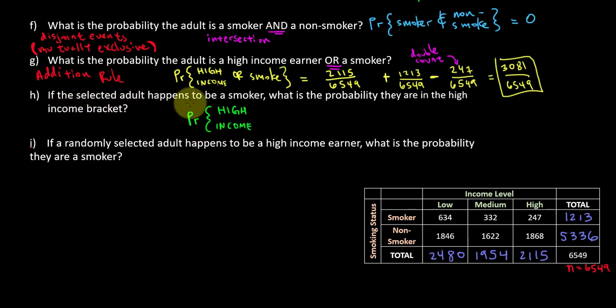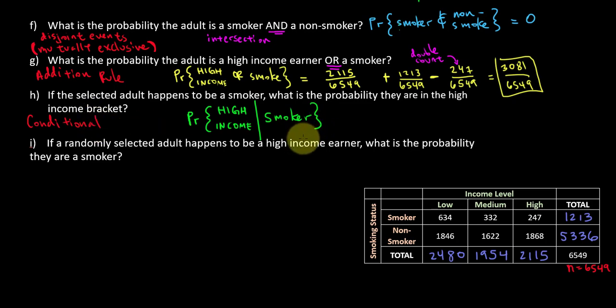If the selected adult happens to be a smoker, so that is conditional upon that happening first. So this is the probability that someone is in the high income category given that they are already a smoker. So here we've got a conditional probability that we will be considering.